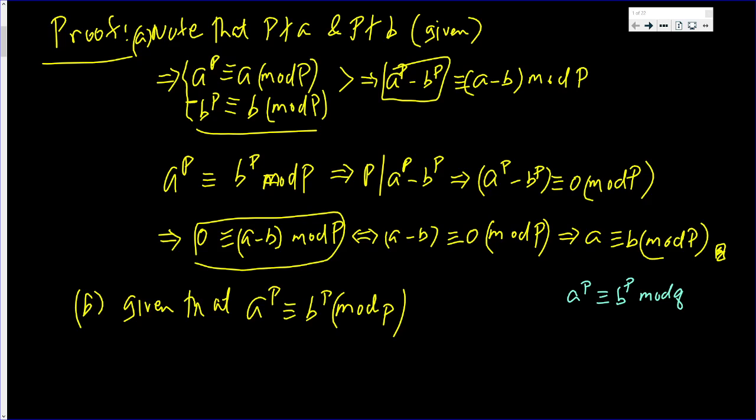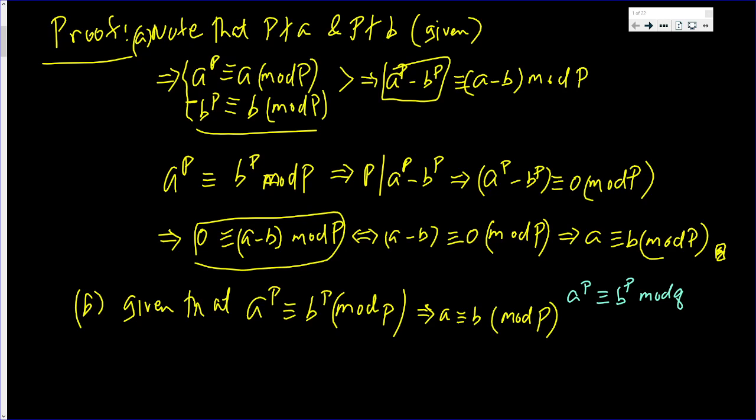Well, from part a, this implies that a is congruent to b mod p. That's exactly what part a said.